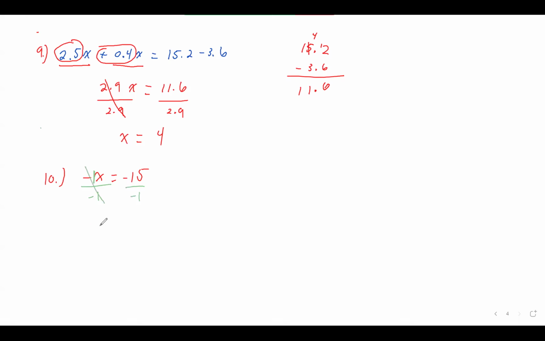So this goes away. And then negative 15 divided by negative 1 would be positive 15. This is the concept of 2 negatives make a positive when we're multiplying and dividing, and then 1 goes into 15 times. So on this right here, the 2 negatives will be a positive.